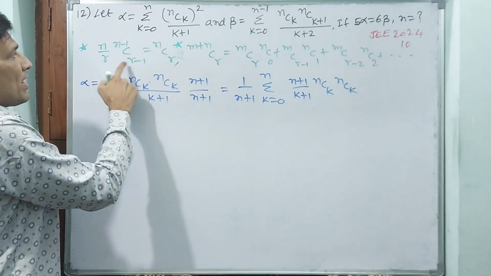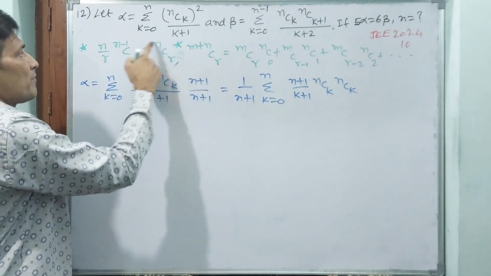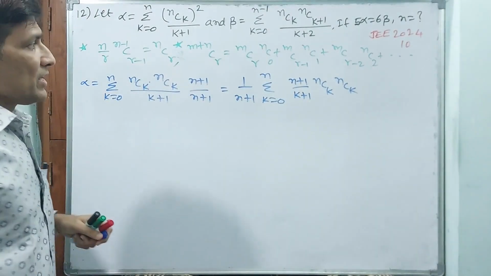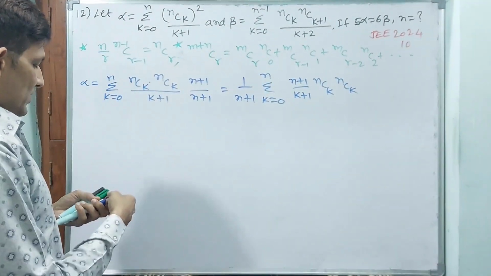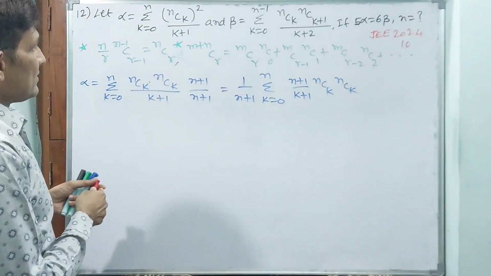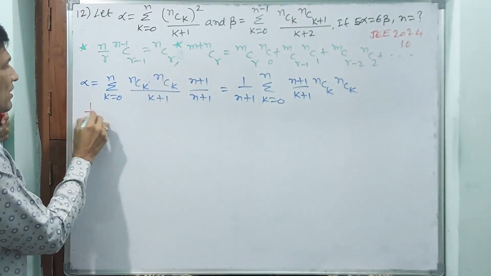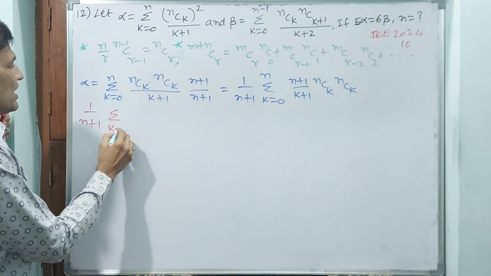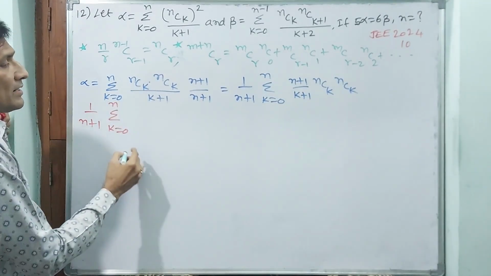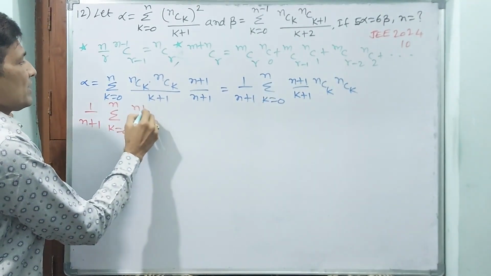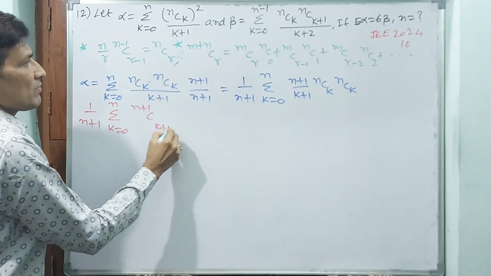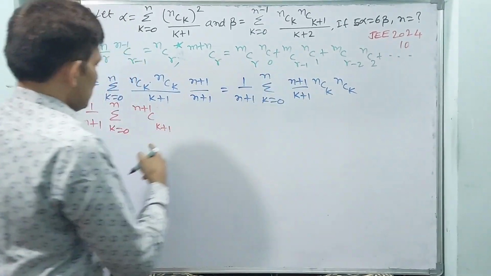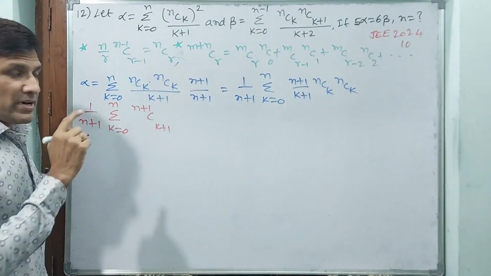Then you can submit r and n. Based on this formula, shall I write this like this? Observe carefully what I am writing. 1 by n plus 1 sigma k is equal to 0 to n, n plus 1 C k plus 1, n plus 1 C k plus 1. Is it okay? Should be definitely okay.